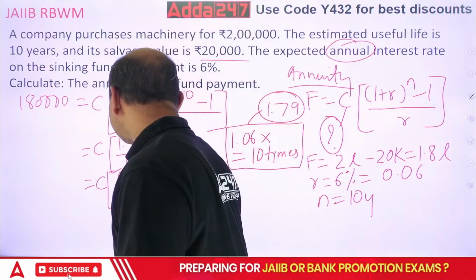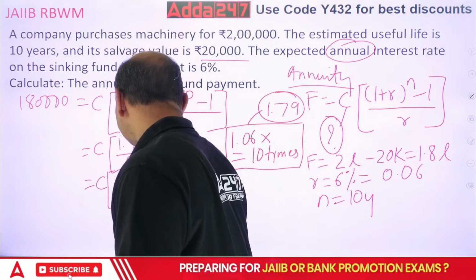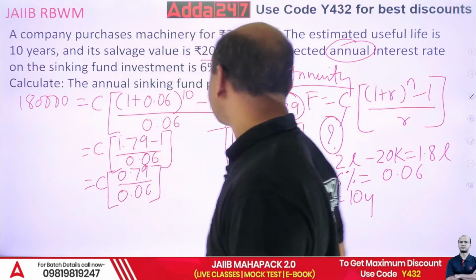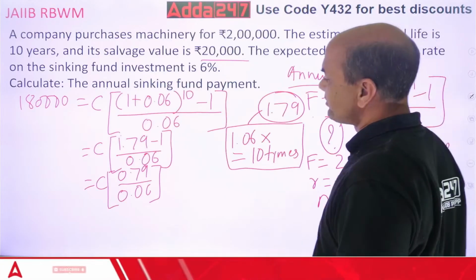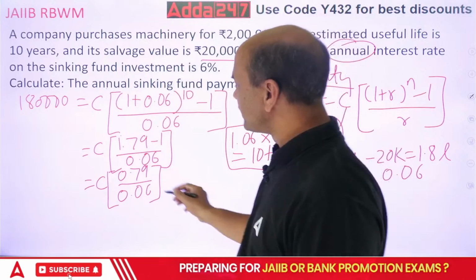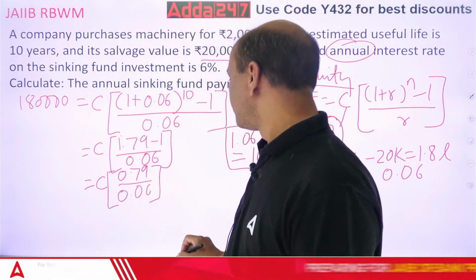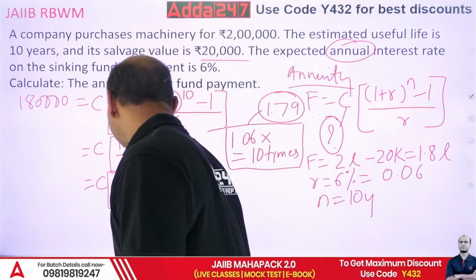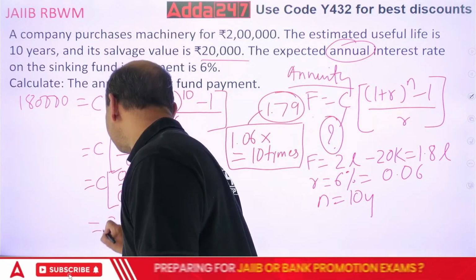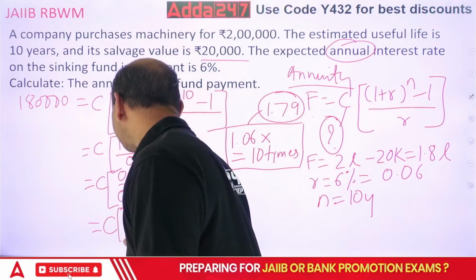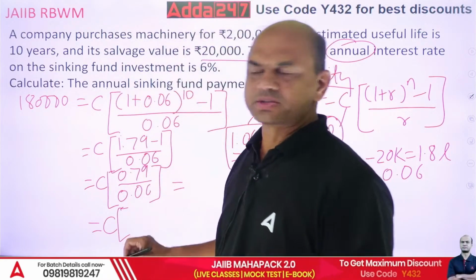Do I have a next page? Let me see. Blank slide. Yeah, it's there. So, do it over here. C into, what is the answer for this? 0.79 upon 0.06.